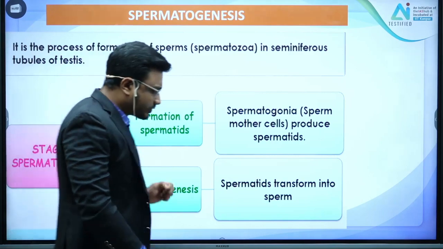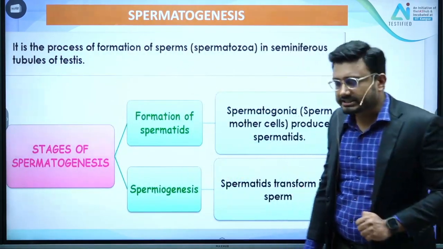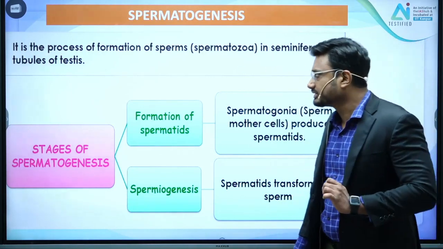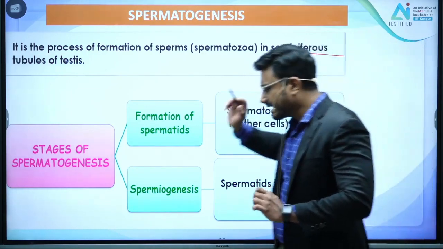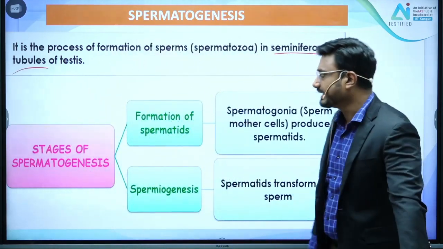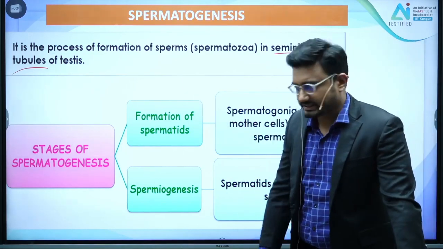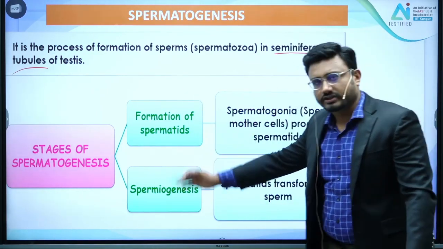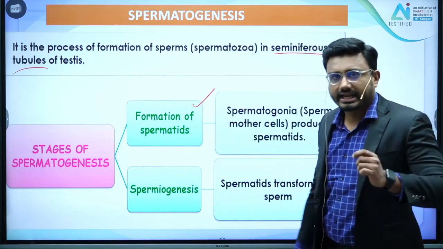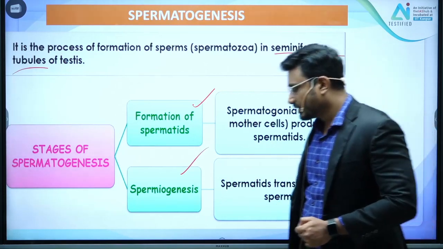Spermatogenesis, what does it mean? It is the process of the formation of sperms in the seminiferous tubules of the testes. This is a very important point: the formation of sperms takes place in the seminiferous tubules in the testes. There are two stages of spermatogenesis: the first stage is the formation of spermatids, and the second stage is spermiogenesis.